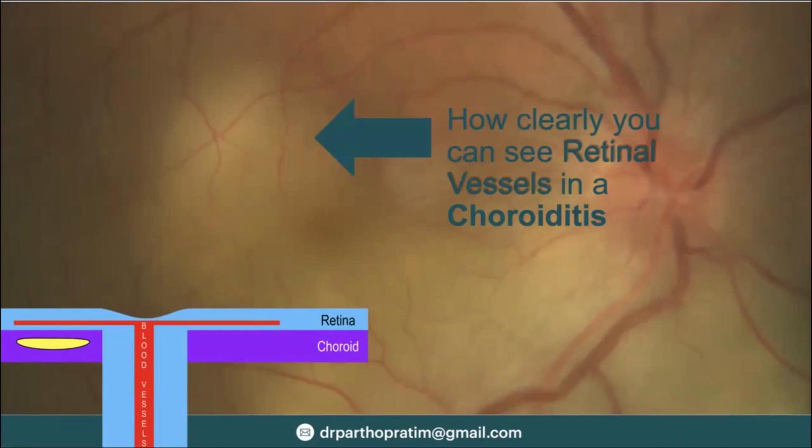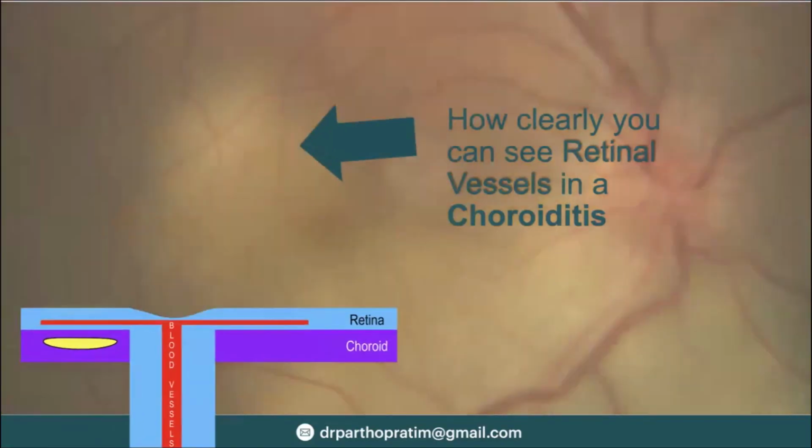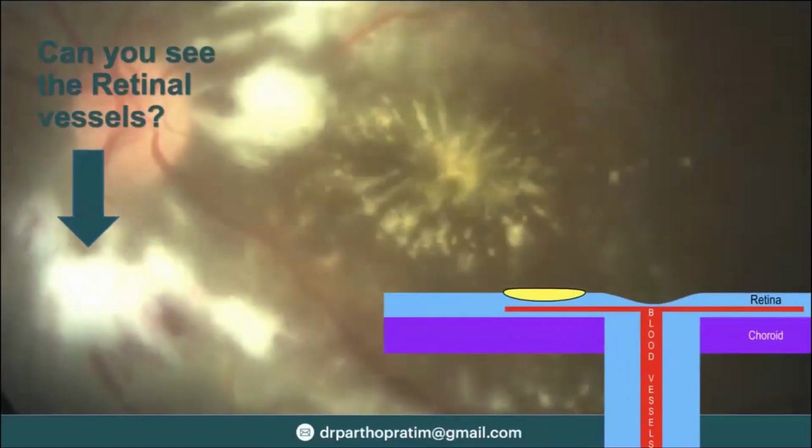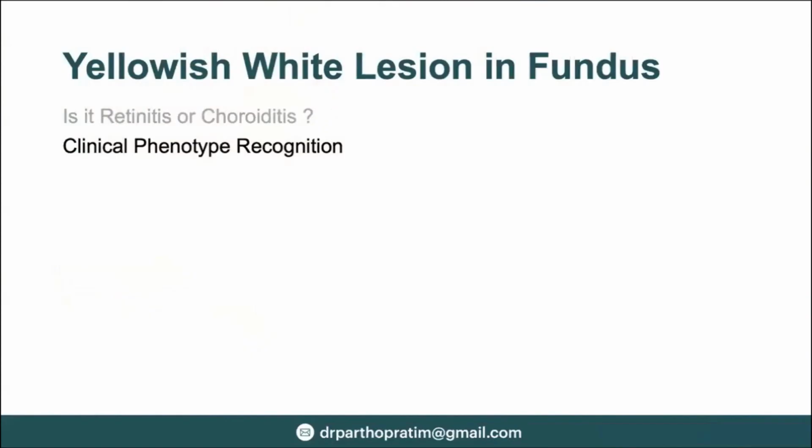So that's why in choroiditis cases, you can see the blood vessels clearly. Whereas here there is a case of retinitis and you cannot see the retinal vessels clearly. The reason is that the yellowish white lesion, as you can see in this graphical representation, is above the blood vessels. So that's why you can't see the retinal vessel clearly in a case of retinitis.